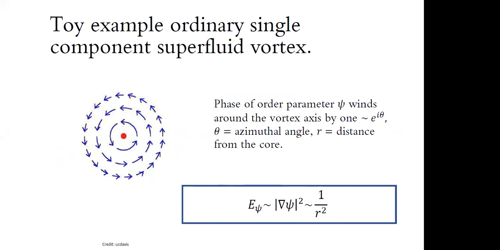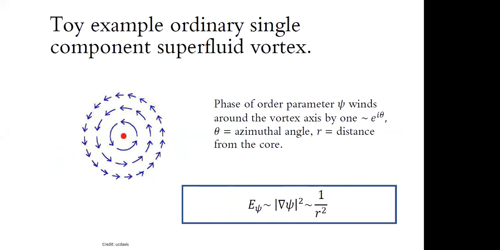Now, if I wanted to compute the energy density of the superfluid, I would have to write an ansatz for psi, which is in this case a neutral object because it's a superfluid. As you know, far away from the core of the vortex, at a radial distance that I'm denoting as little r, the magnitude of the condensate is fixed, it's constant, doesn't have a radial profile, but it goes as e to the i theta.